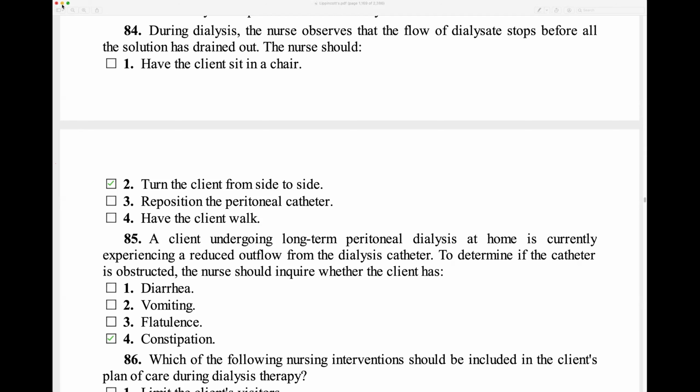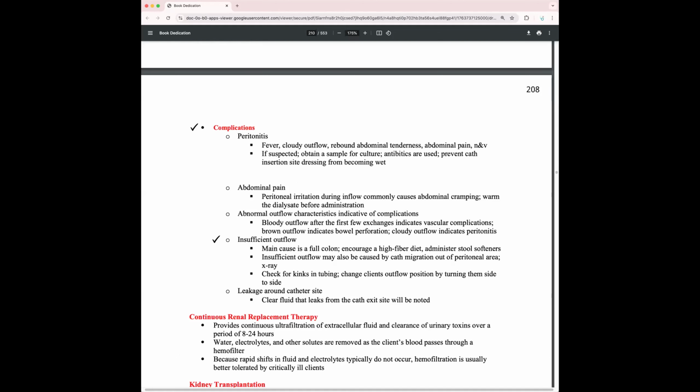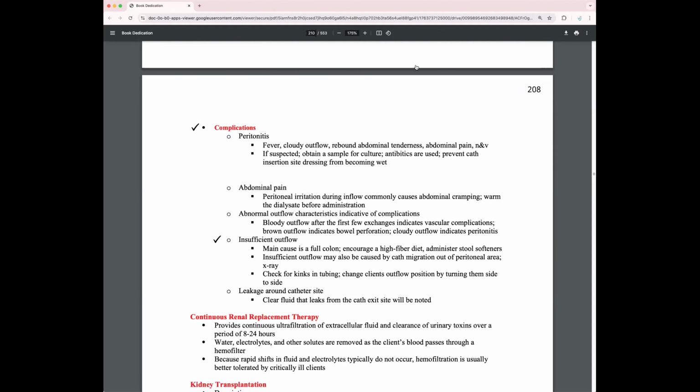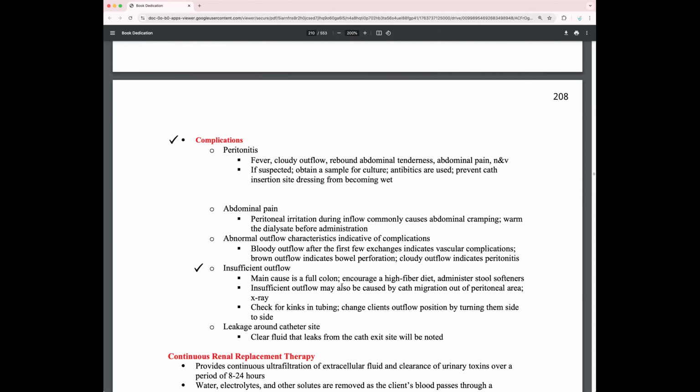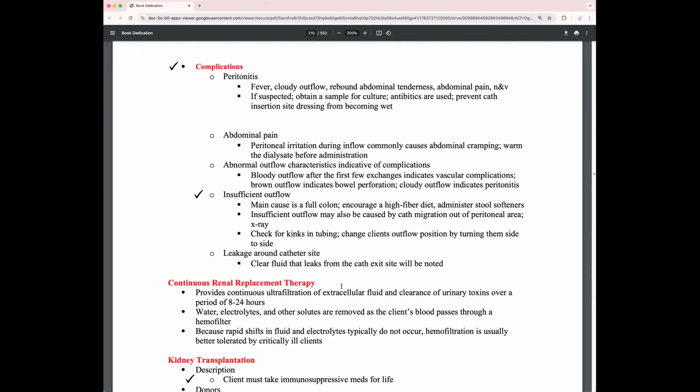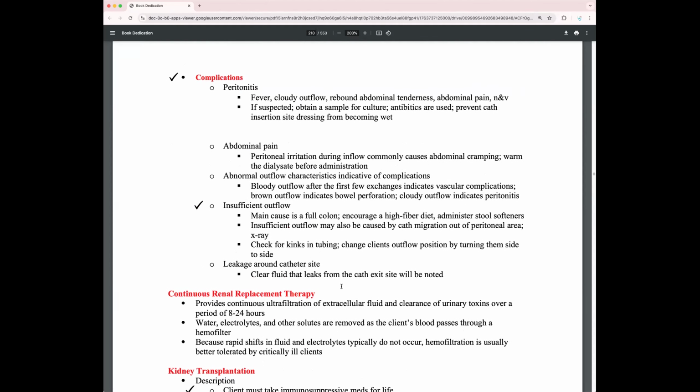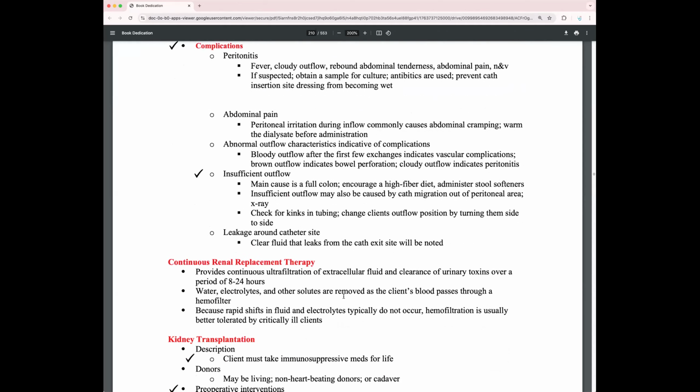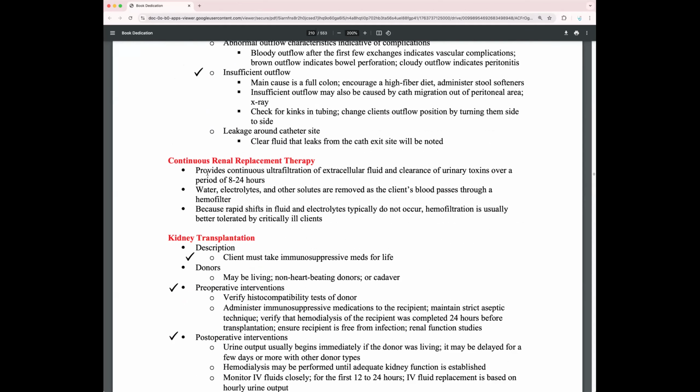Okay. All right. So let's go back to the study guide to just hit on some important things. Remember, the only way you can be well prepared is to make sure you're reading the whole chapter. So you have to go back and make sure you read the whole chapter on renal. Okay, so we're on page 208. So continuous renal replacement therapy.